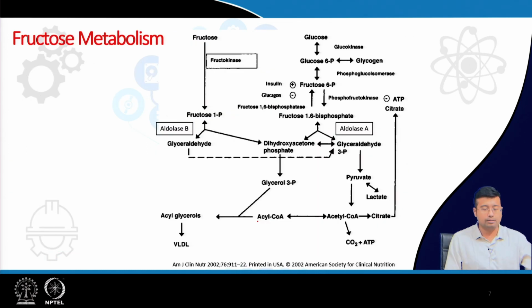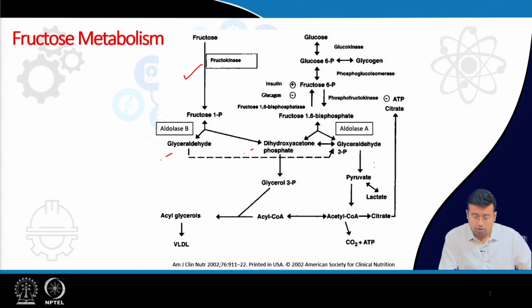So, if we look at this in a nutshell, you see fructokinase is converting fructose to fructose 1 phosphate, and it is getting converted by aldolase B to glyceraldehyde and dihydroxyacetone phosphate, and this dihydroxyacetone phosphate and glyceraldehyde 3 phosphate can actually go in this direction.